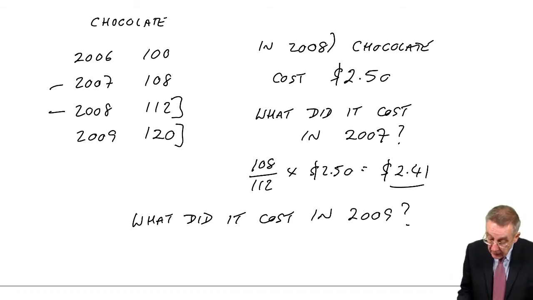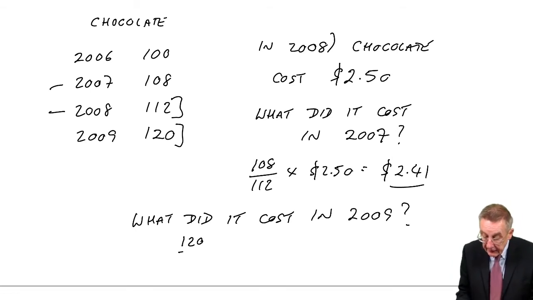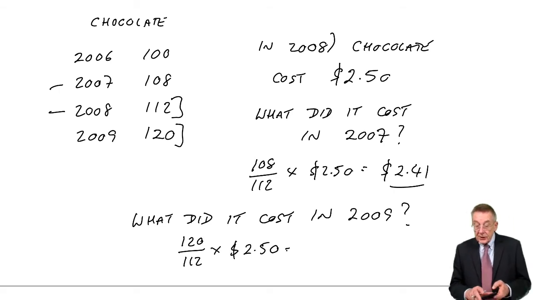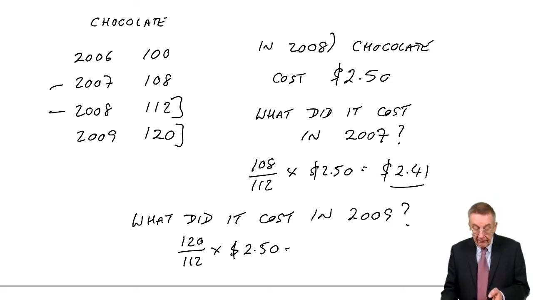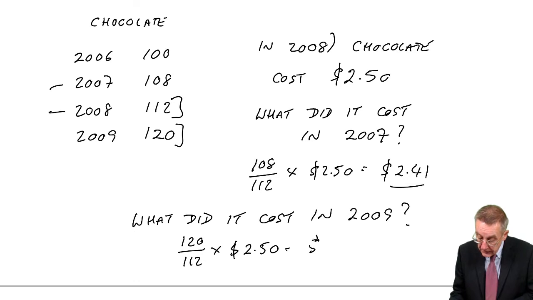And so what will it have gone to? It's 120 for every 112 of the $2.50. In 2009, it would have been $2.68.